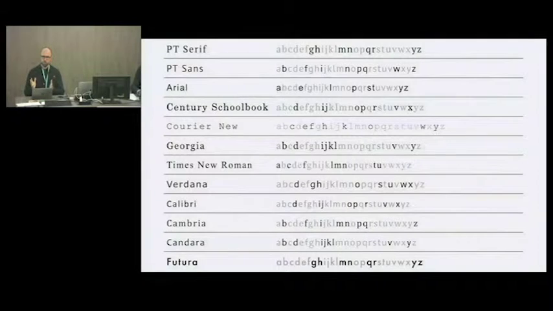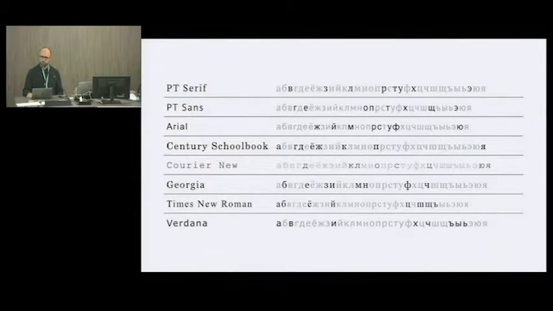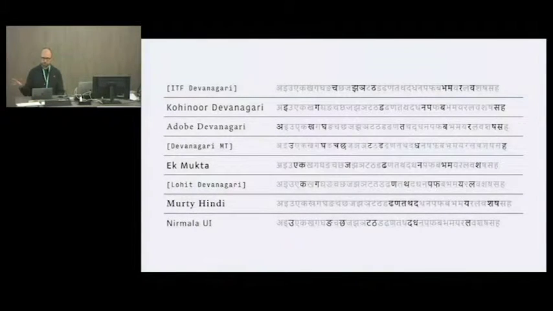So I'm focusing on basic English alphabet, and for each of these typefaces, I've selected 8 characters, which I then combine into the triplets. And same for Cyrillic, and same for Devanagari, where I could not manage all the conjuncts, vowel marks, and everything. So this is just the basic consonants that are used for writing Hindi.